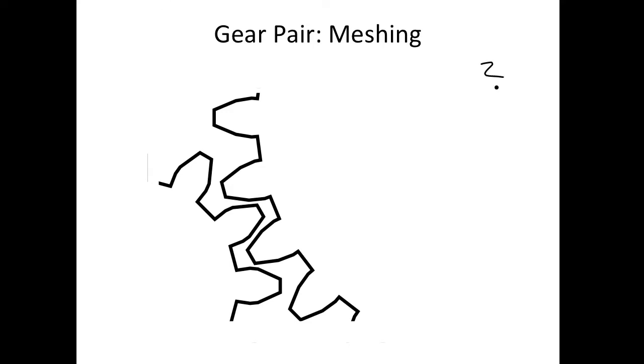So what do we have? We have a force that is being transmitted. So there's an input gear, and it's causing this other gear to rotate as well. And the teeth of this gear are bearing upon the teeth of the driven gear. And let's say that we have a tangential force, which is the main force doing the work. I'll call that F sub t.